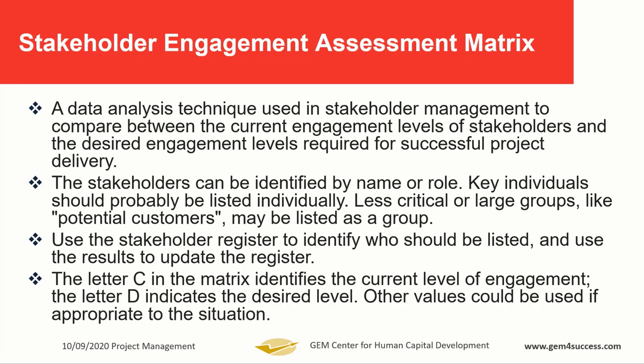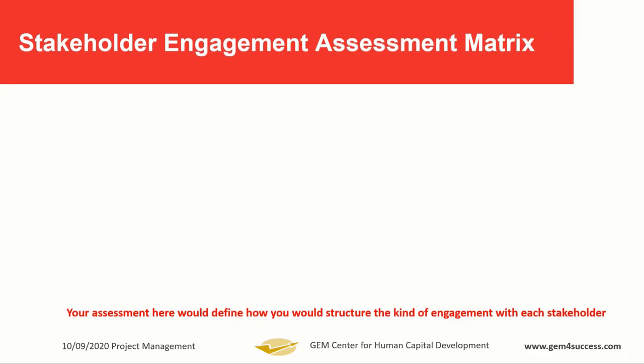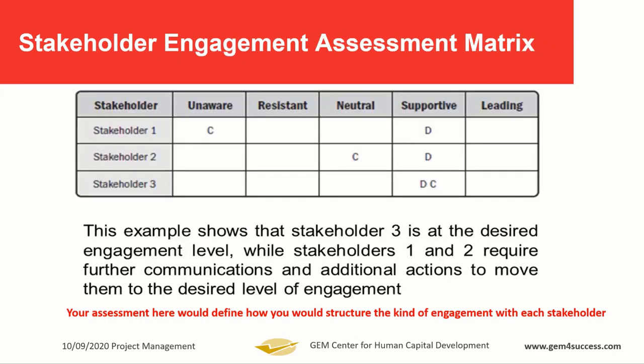When you have your assessment matrix, you use letter C to identify the current level of engagement. Use letter D to indicate the desired level of engagement, and then you could use others too. This is an example of your assessment matrix.